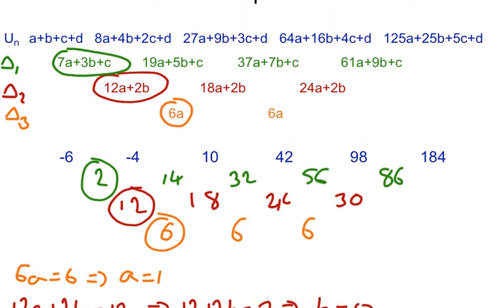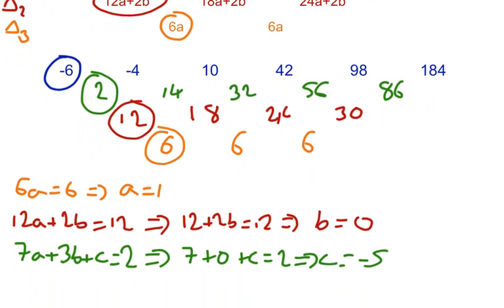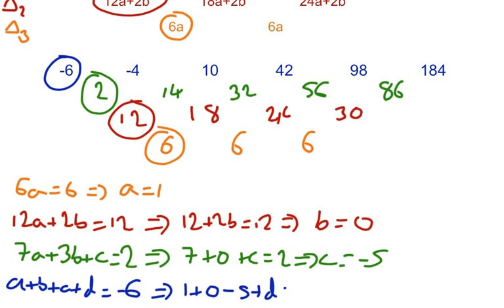And finally, a plus b plus c plus d and -6. When we compare those, we get a plus b plus c plus d is equal to -6. That gives us 1 plus 0 minus 5 plus d is equal to -6, which implies that d is equal to -2.